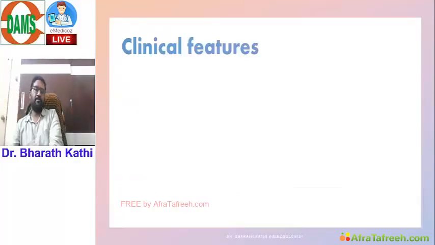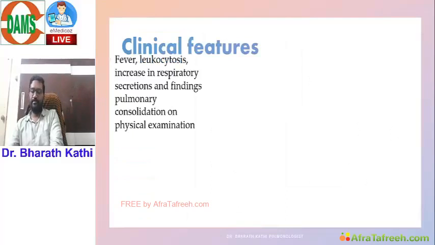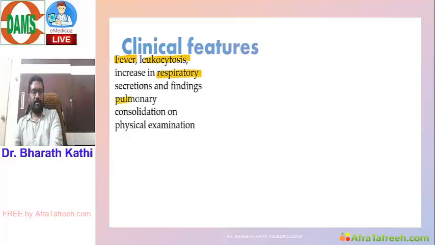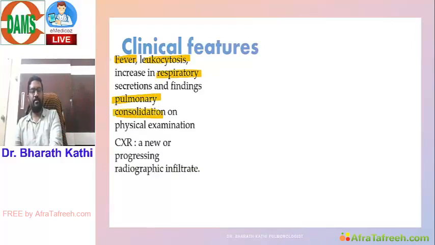I'll just give an example. The clinical features of hospital-acquired or ventilator-associated pneumonia: the patient generally can have fever, leukocytosis, increase in respiratory secretions, and on auscultation, findings of consolidation.